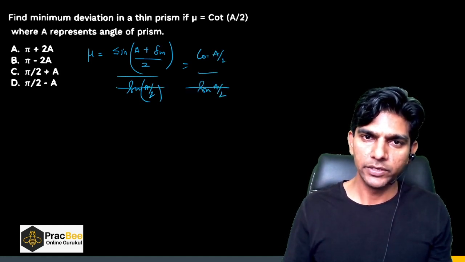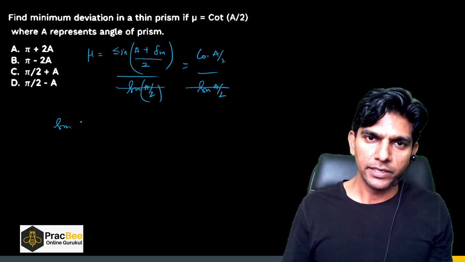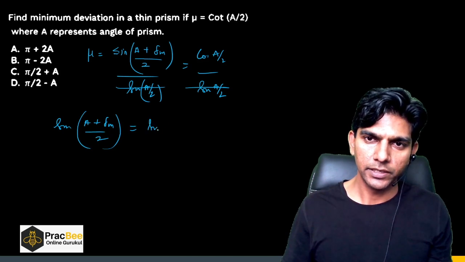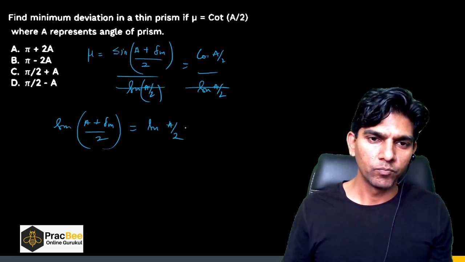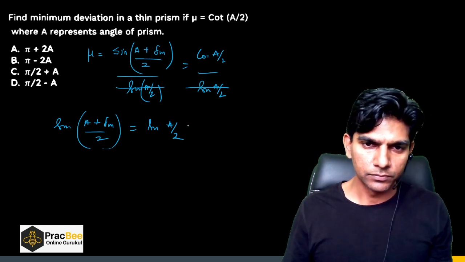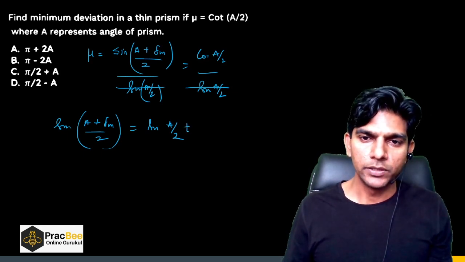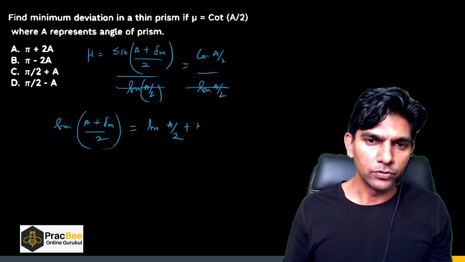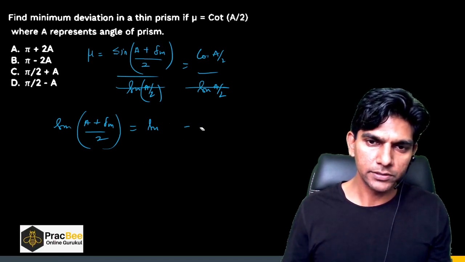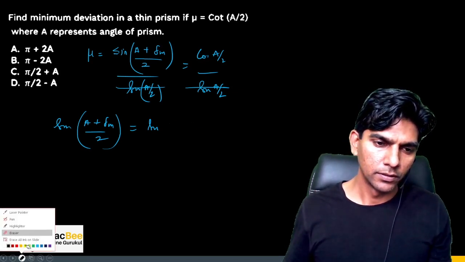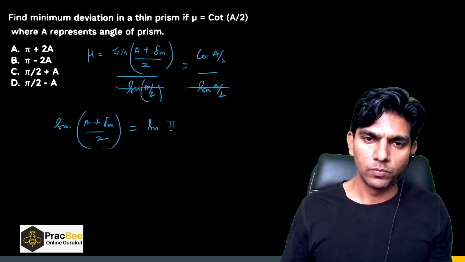Now this will get eliminated, and we can say sine of (A plus del minimum) by 2 is equal to sine A by 2, and this will be plus pi by 2. Let me just check. So it should be pi minus pi by 2 minus A by 2. Pi by 2 minus A by 2.